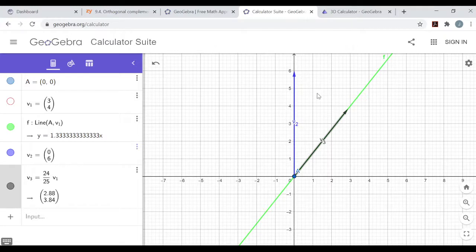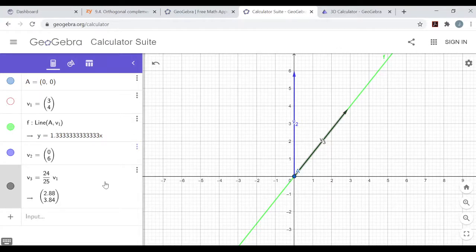And if I drew another vector in here, which I will in a second, the vector that I draw from the tip of this vector to that vector should be perpendicular. It should be orthogonal.